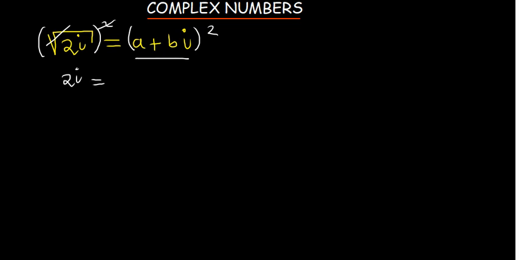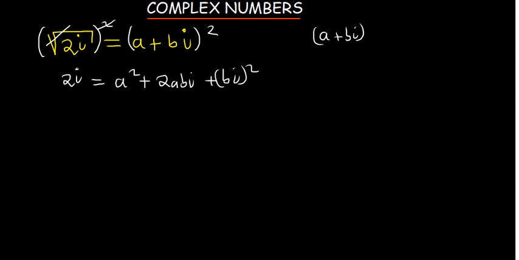And when we expand this, we are going to get a squared plus 2abi plus b squared i squared. The question is, how have we gotten that? You can write it twice, a plus bi multiplied by a plus bi.